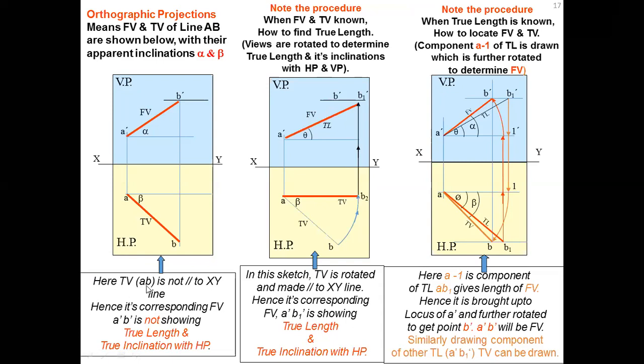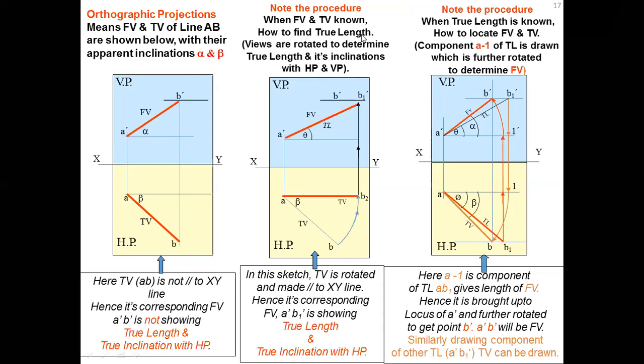See here, the top view AB is not parallel to XY line. Hence its corresponding front view A dash B dash is not showing a true length and true inclination with respect to HP. When we solve the problems, we will discuss all the things. When front view and top view are known, how to find the true length?